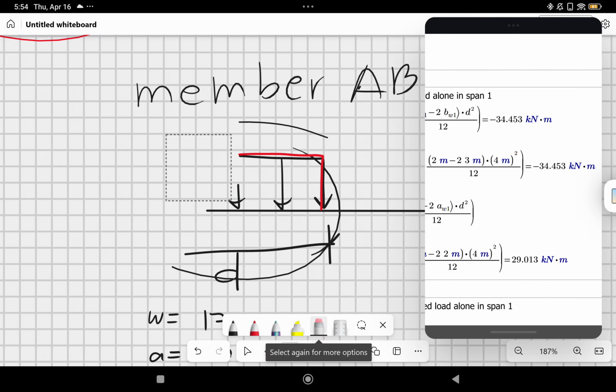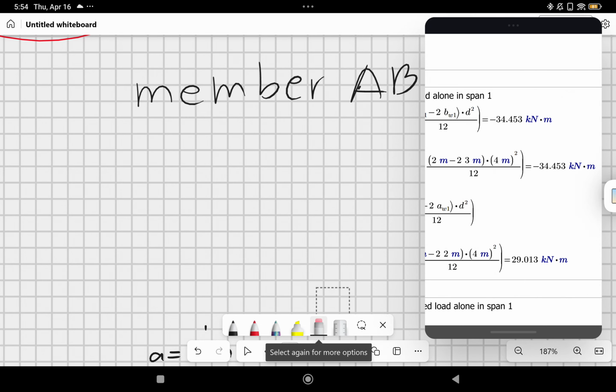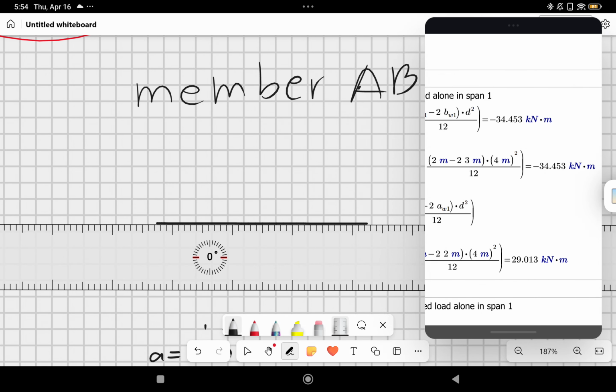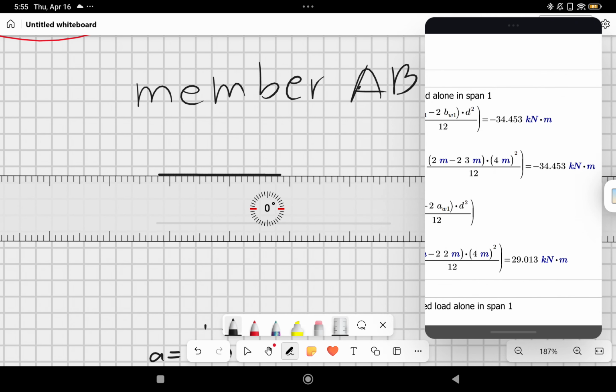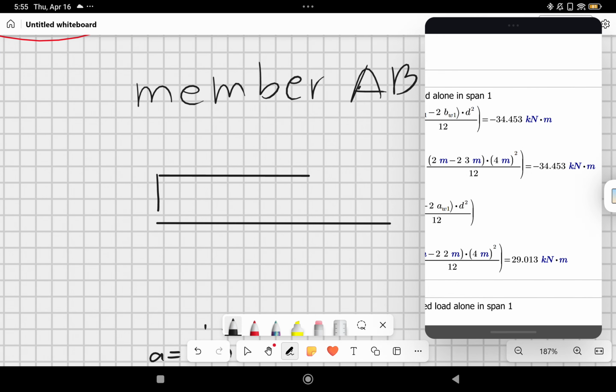Let me draw another. Mas malinis. Should have put it red. So, yung negative 34.453 is produced by the red distribution.